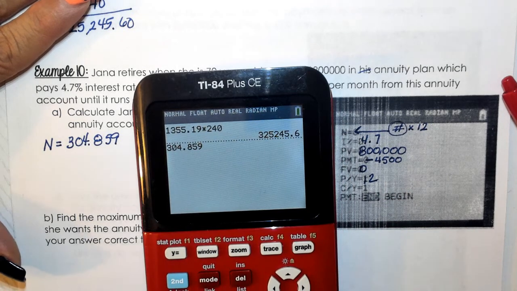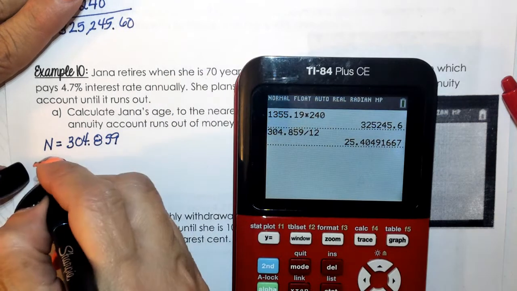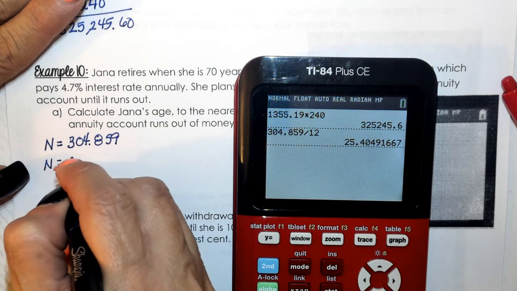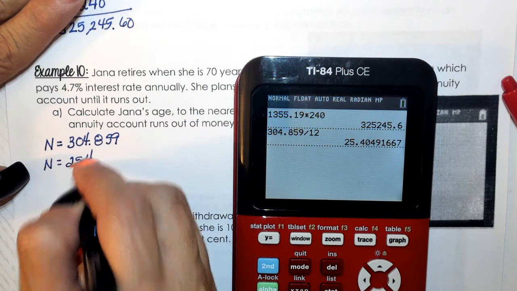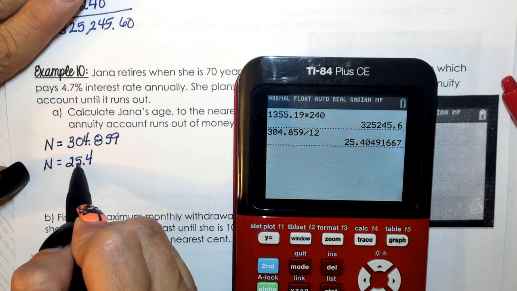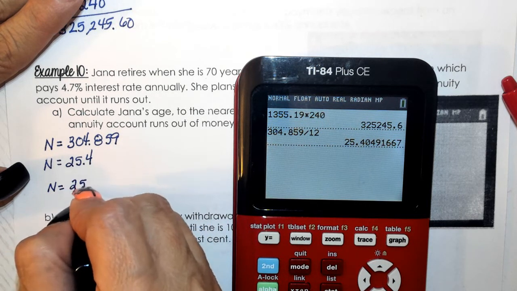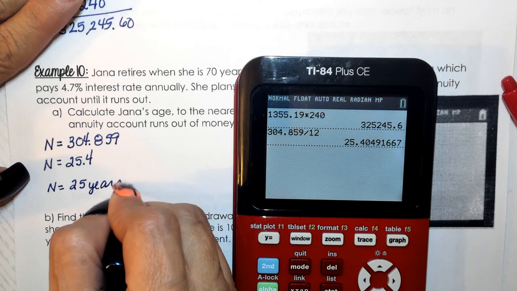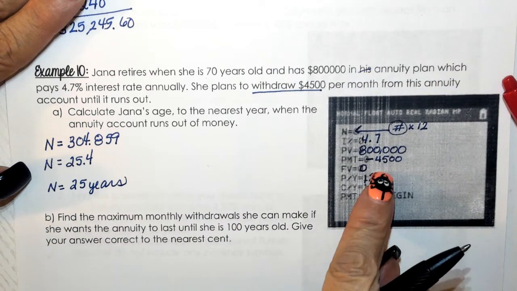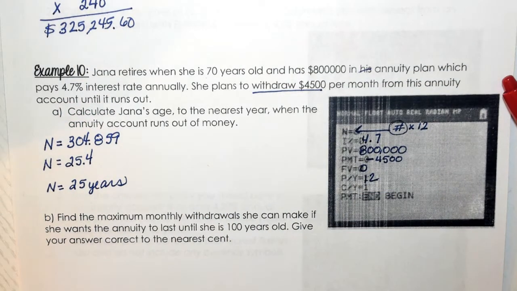So I'm going to take that number, I'm going to divide it by 12. It's 25.4. So that means that n equals 25.4. The 4 would not change the 5. So really, I'm going to say that she needs 25 years, paying herself $4,500 before she runs out of money.